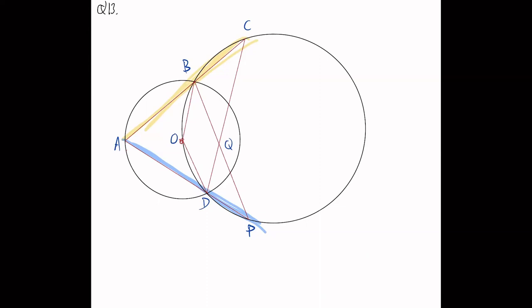I'll label this angle here as x, and this angle here, BAD, I'll call y. They're asking you to prove that x plus 2y equals 180 degrees.